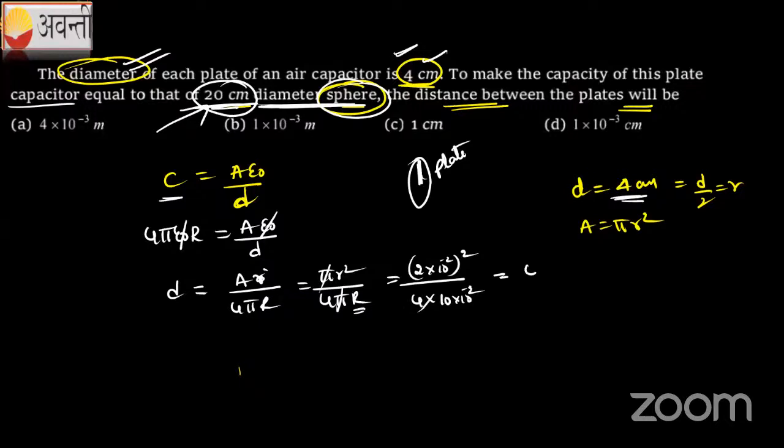This 4 cancels, then 10 to the power of minus 1 goes to the numerator, so 10 to the power of minus 4 into 10 to the power of plus 1, that is 10 to the power of minus 3. Clear now? Nothing but 1 into 10 to the power of minus 3, right?